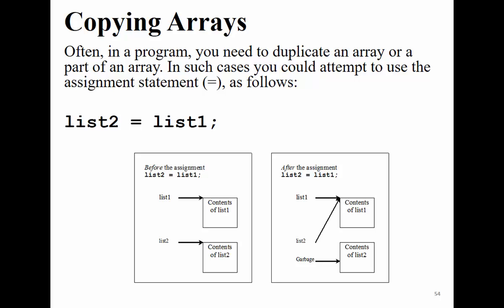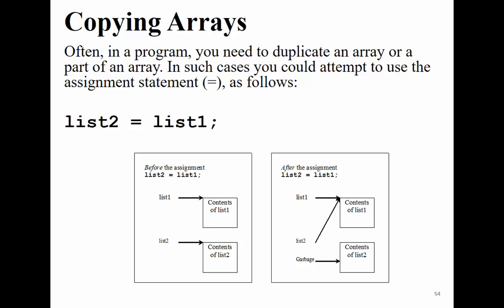Now, to copy an array, sometimes students think that if I use the equal sign, it will do the task for me. You can see here we have array list 1 and list 2. Both are different.